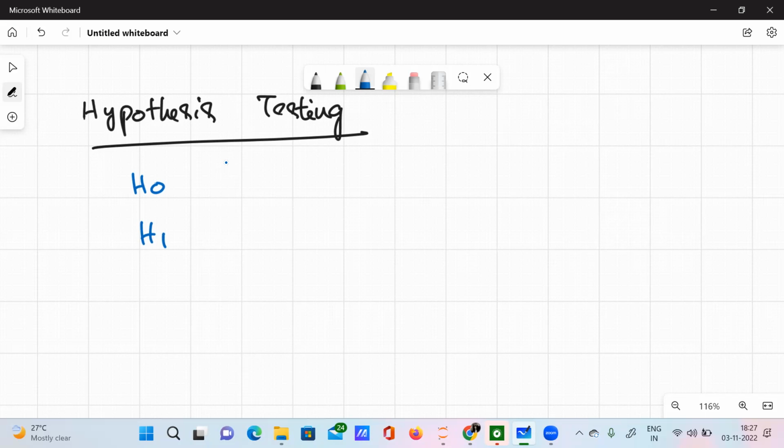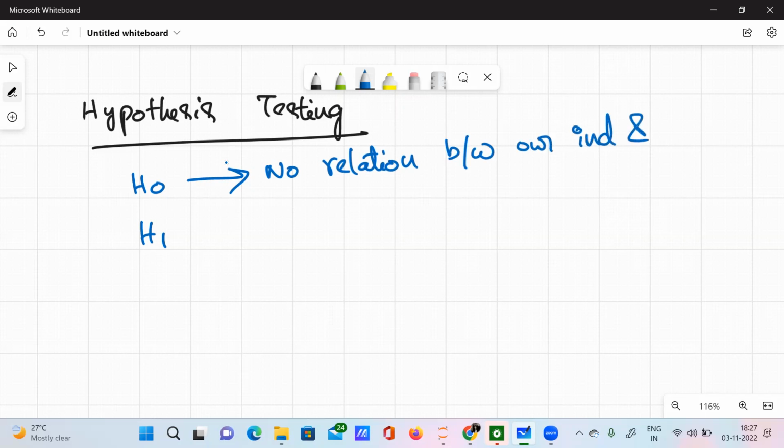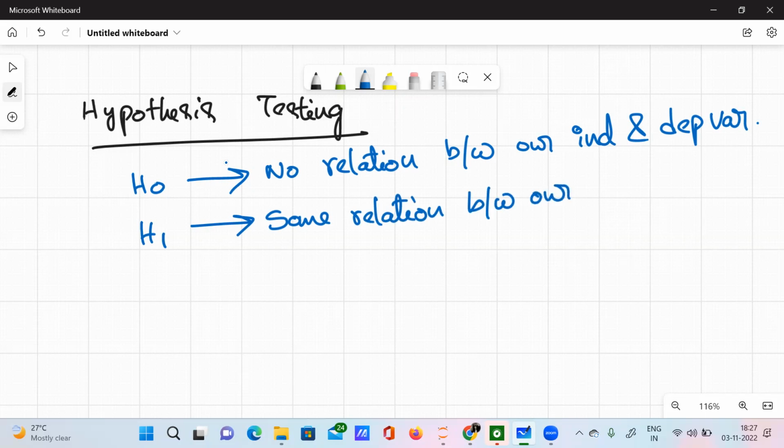H naught is saying that there is no relation between our independent and dependent variables. And H1 is saying there is some kind of relation between our independent and dependent variable.